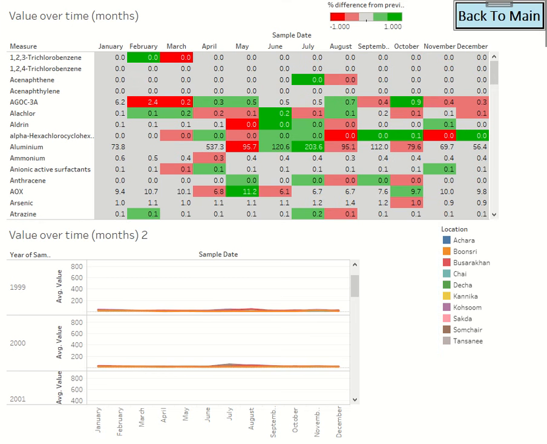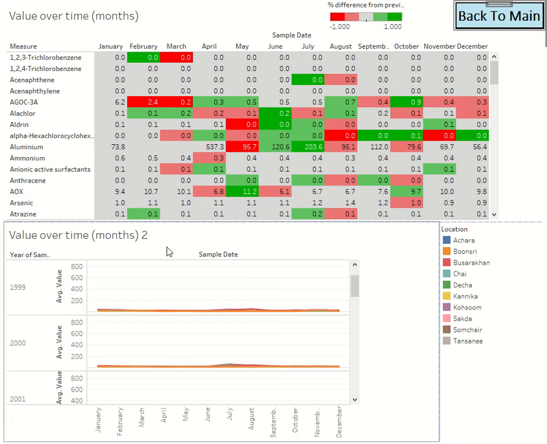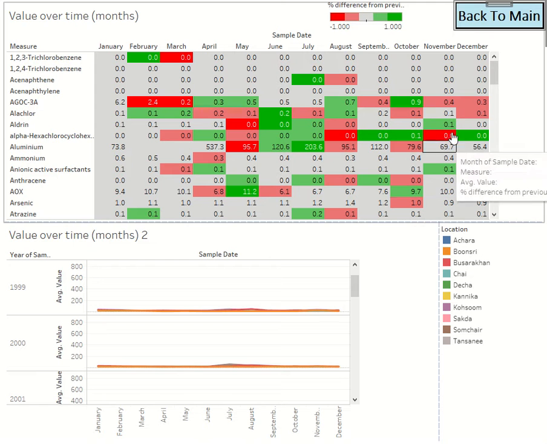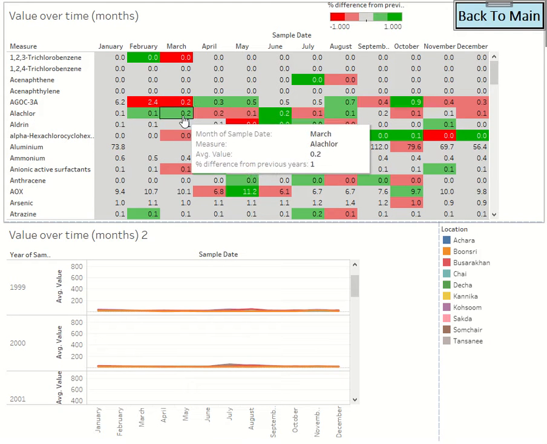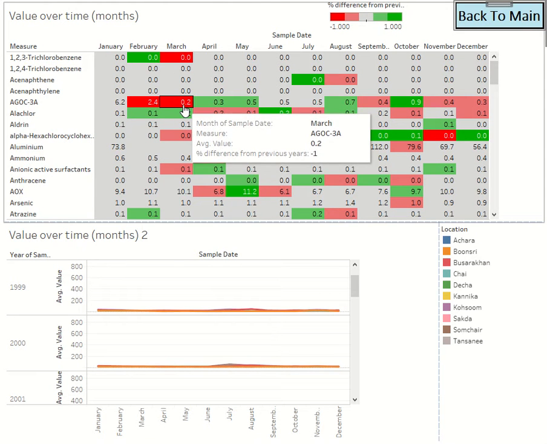Moving on to by months. For by months, it's quite similar to by years, in which the graph on the top represents the percentage change compared to previous year. So a bright green represents a sharp increase, while a bright red represents a sharp decrease. The value over here represents the average value.